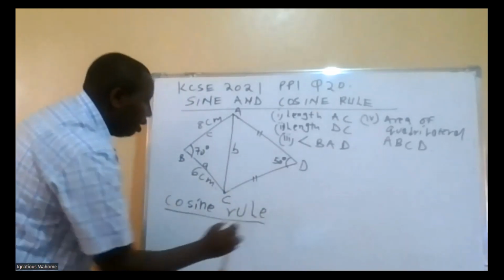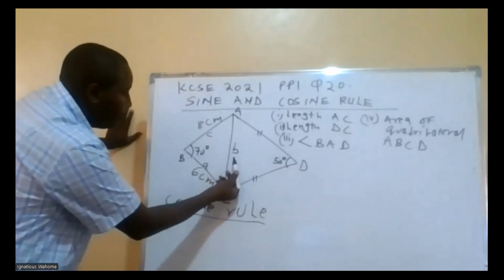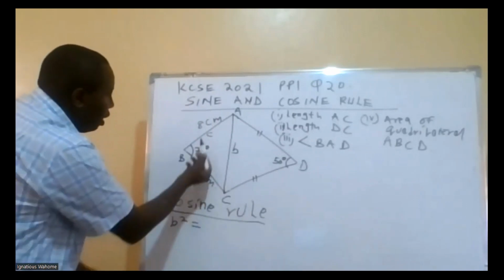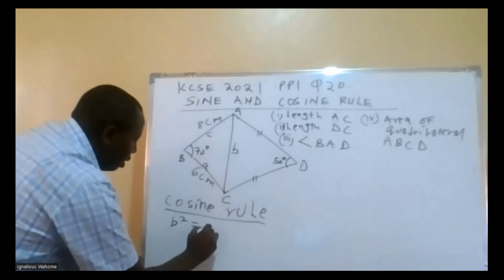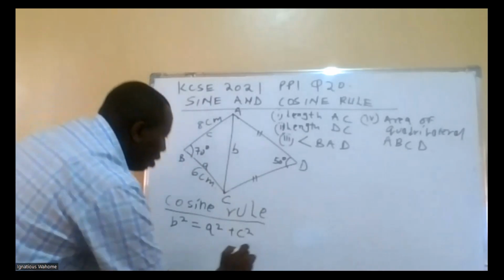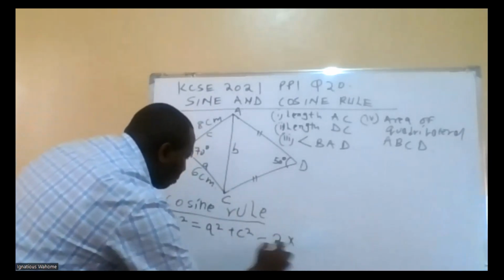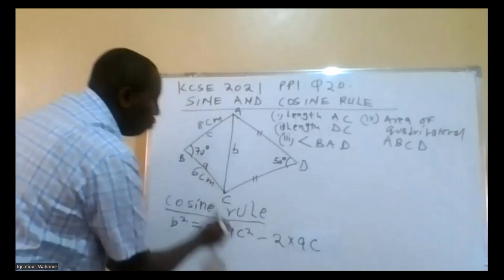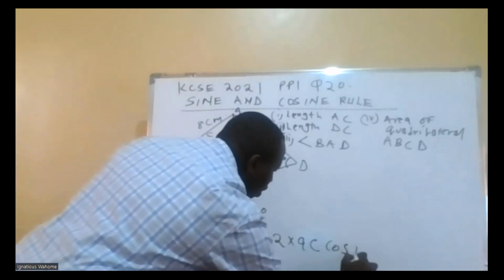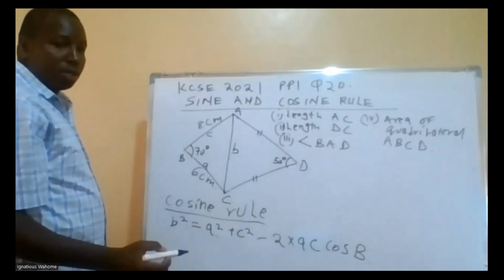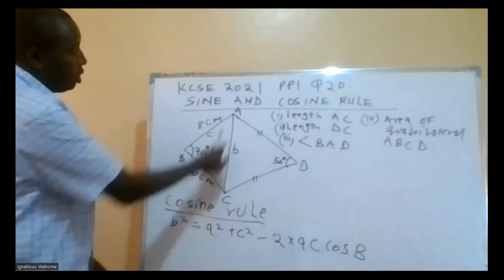In this case, you say that b squared is equal to a squared plus c squared minus 2 times a times c times cos B. We want to find the length of b, which is AC.